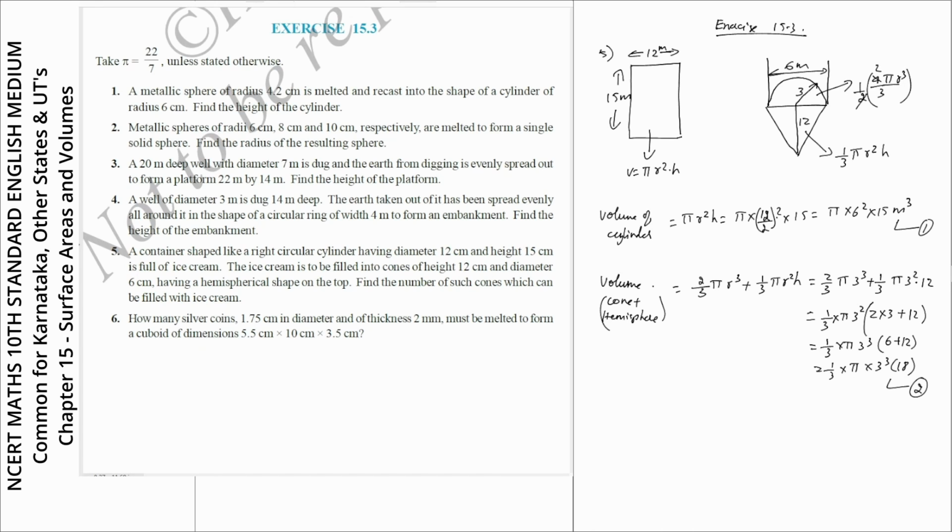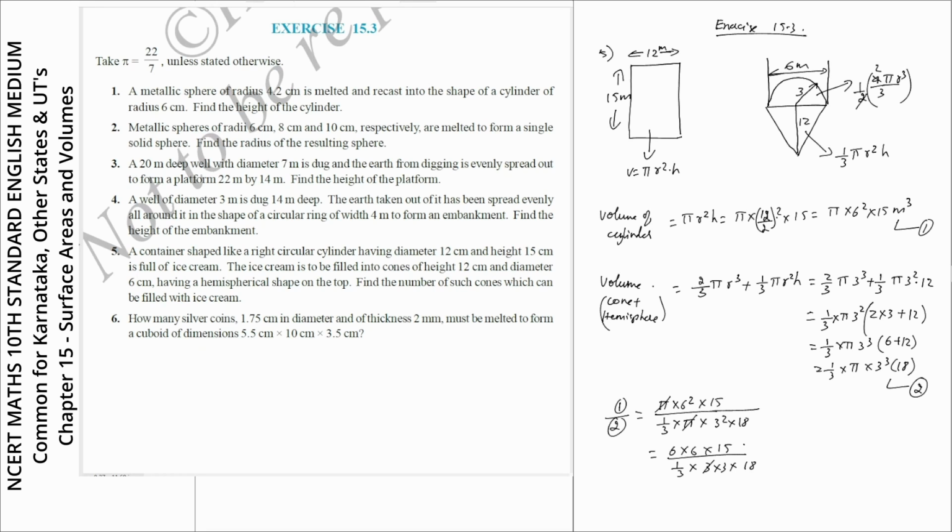Now if I divide 1 by 2, I will get the number of cones. So 1 divided by 2, where 1 is given by pi into 6 square into 15, and 2 is 1 by 3 into pi into 3 square into 18. So here pi will get cancelled. I will be left with 6 into 6 into 15 divided by 1 by 3 into 3 into 3 into 18.